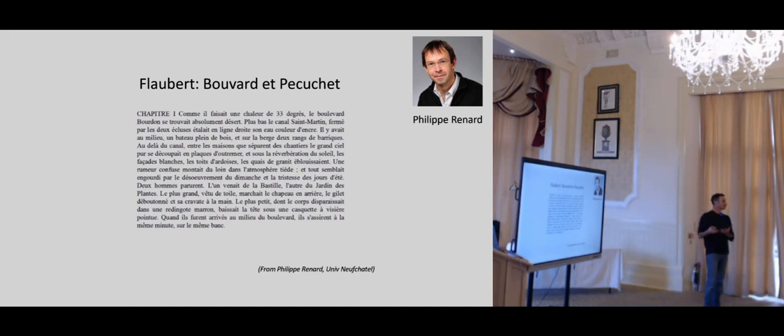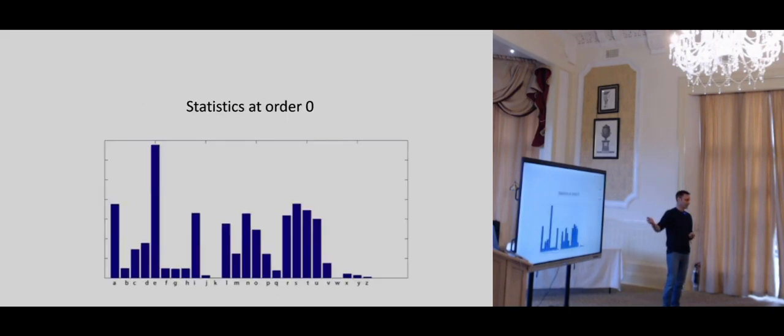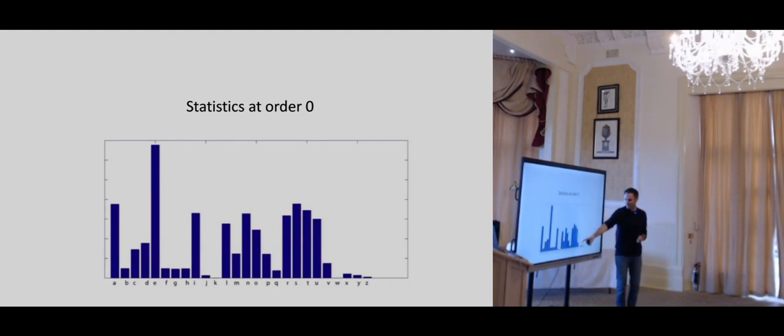We want to reconstruct a text that looks like the novel. That's the problem. And the very naive way, the zero order reconstruction, the first thing that we can do, is to look at the histogram of the book. We look at the histogram of letters in the book, and we say, okay, we have a lot of E's, and we don't have a lot of K's because this is French, or we don't have a lot of Y's.